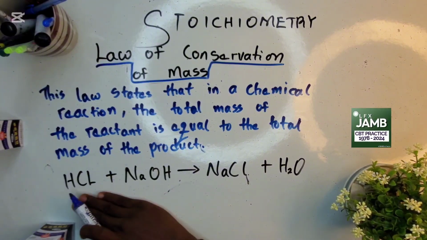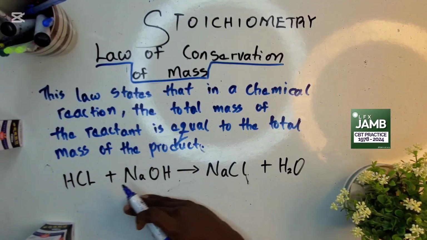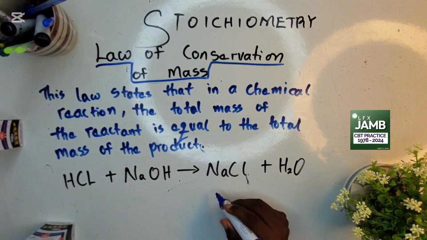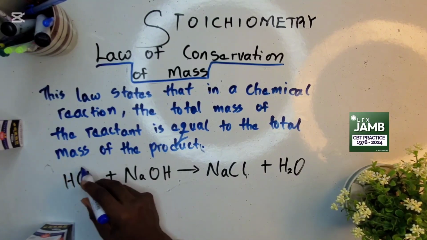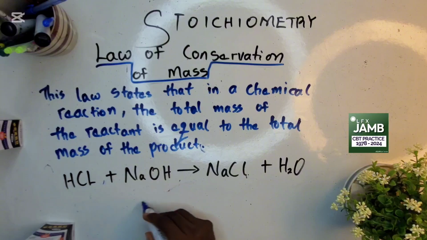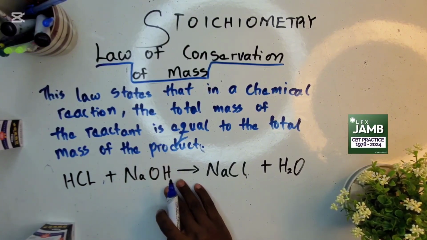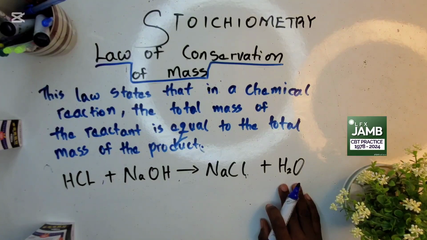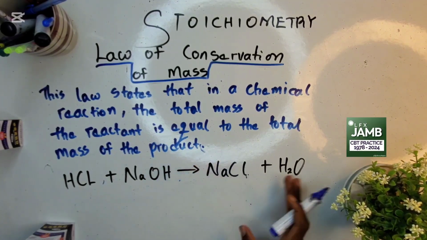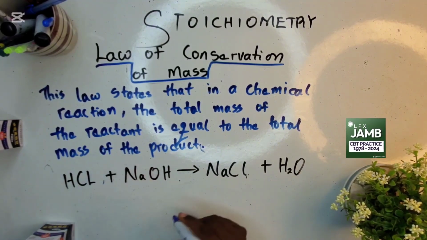Now the law says that the mass of the reactant must be equal to the mass of the product. What does that mean? That if we find the mass of hydrogen chloride, sodium hydroxide, sodium chloride and water, when we sum the mass here and the mass here, they're supposed to be equal.